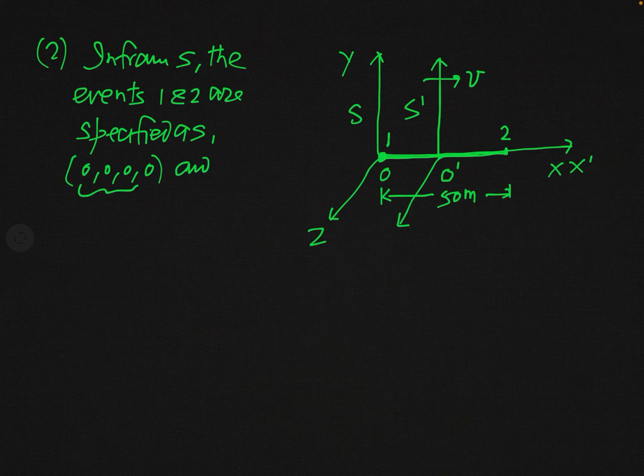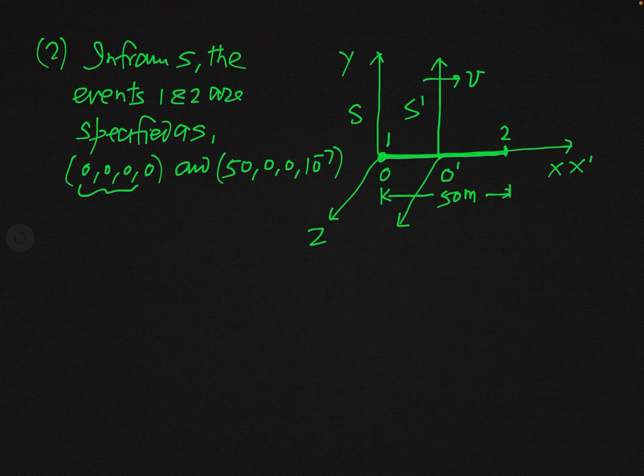And when the same observer observes the event taking place at this point 2, what will be the specification? You can see the x coordinate of this point 2 with respect to this frame S will be 50 meter. So x will be 50, but the position is lying on the x-axis, so y and z will be 0, and time as given in the problem, that is 10 to the power minus 7 second.